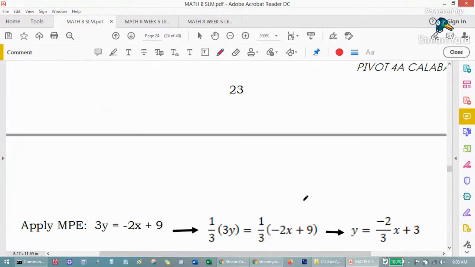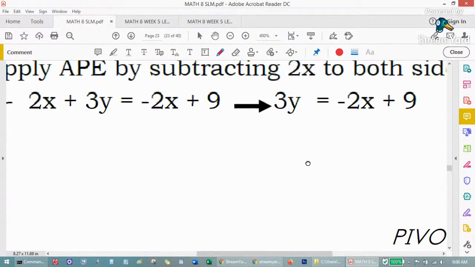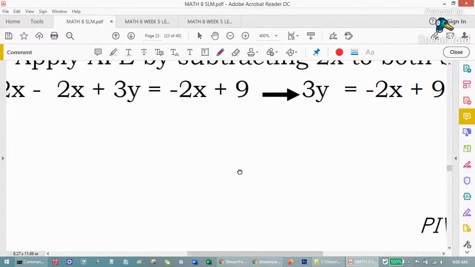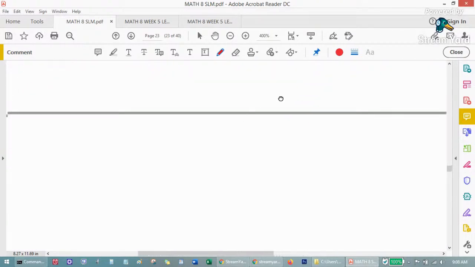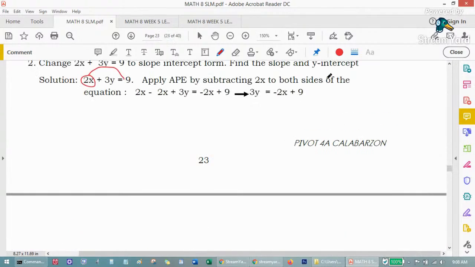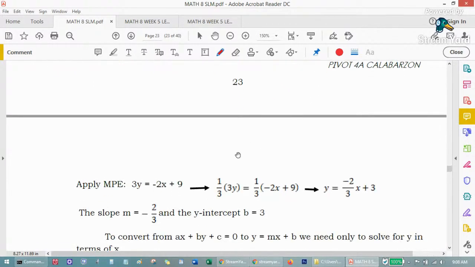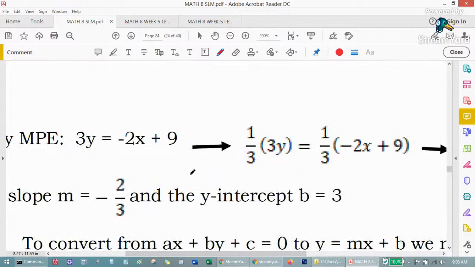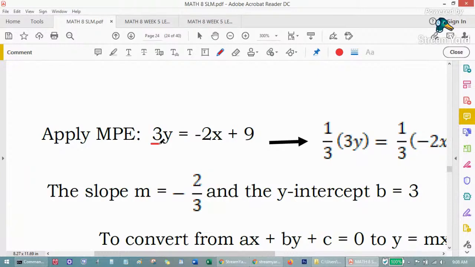The problem is, merong coefficient 3. May 3 doon. So, kailangan mawala itong 3 na to. Okay, so anong gagawin natin dyan? Mathematically, ang short method dyan is, i-divide natin to ng 3, i-divide natin to ng 3, and i-divide natin to ng 3.